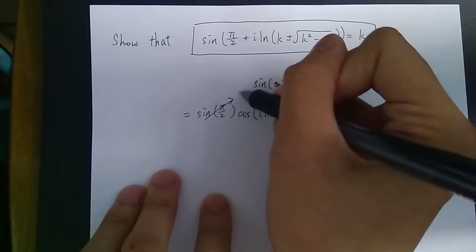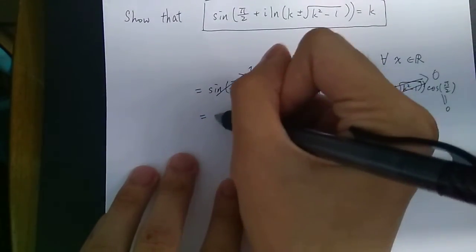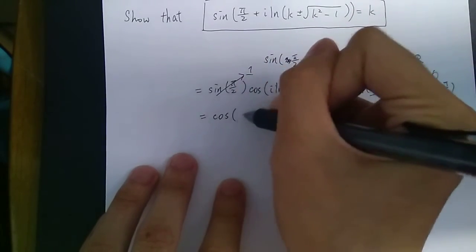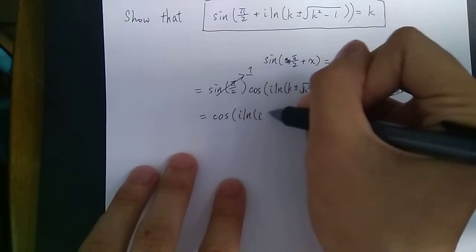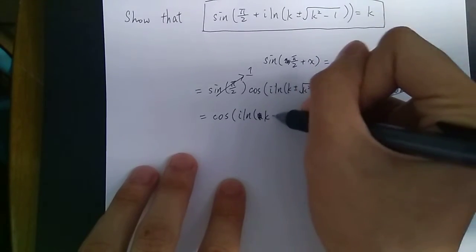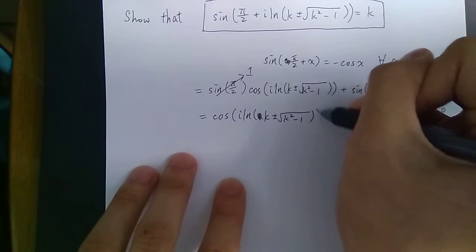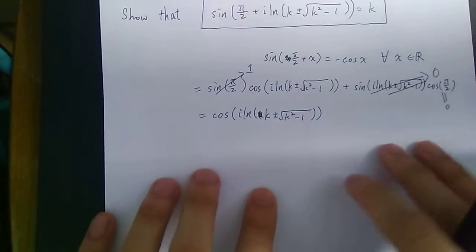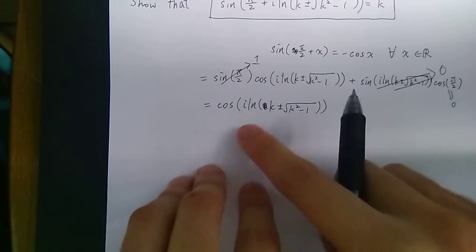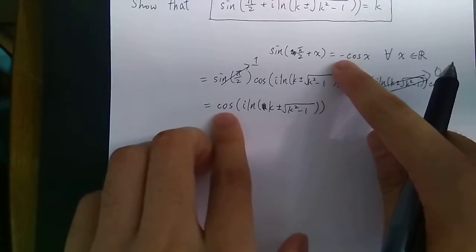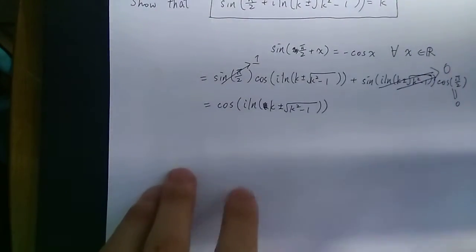This equals 1. That means we are now left with cosine of i natural log of (k plus or minus square root of k squared minus 1) in close bracket. So we change to this form. This is not the negative one, so be careful.